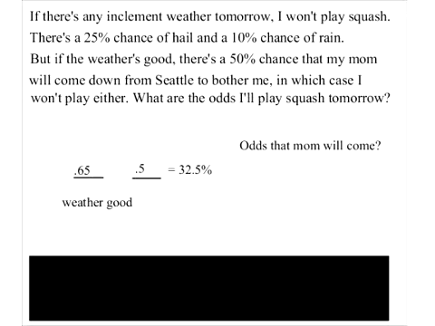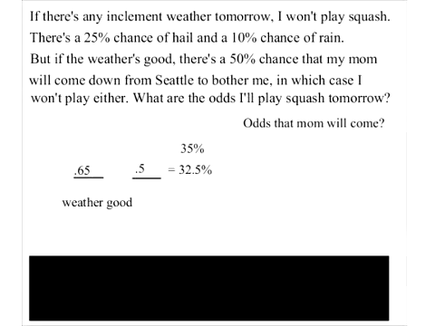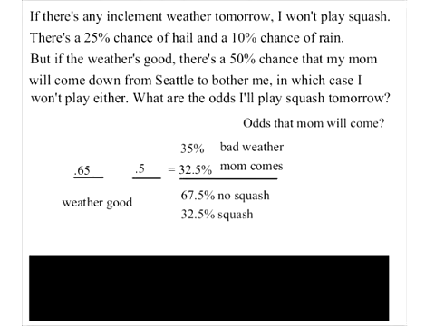So in other words, you could add it this way: 35% chance bad weather, 32.5% chance mom comes. And that adds up to 67.5% no squash, or 32.5% squash, which is the answer.